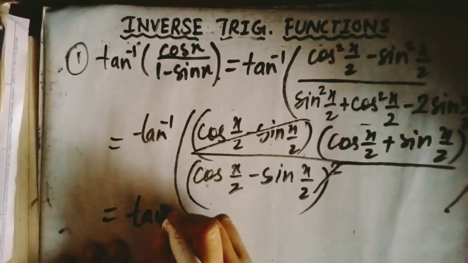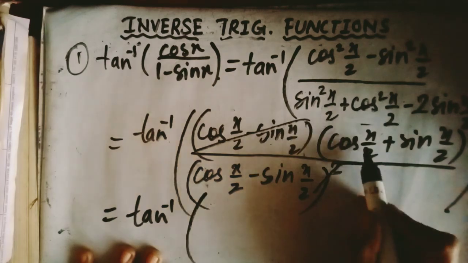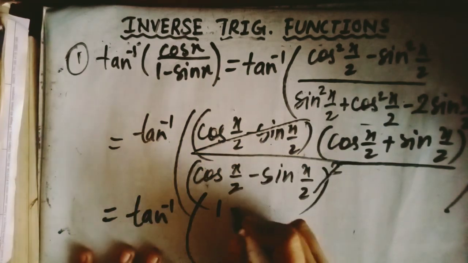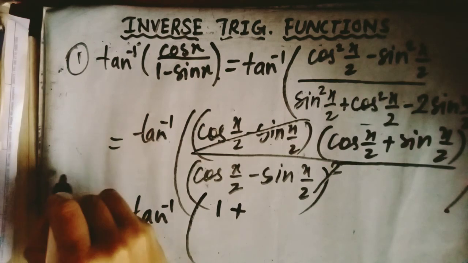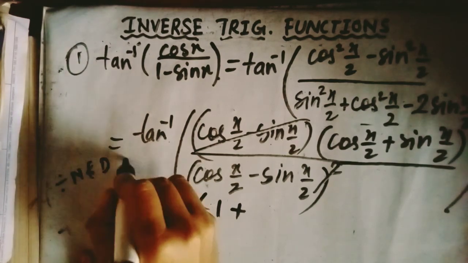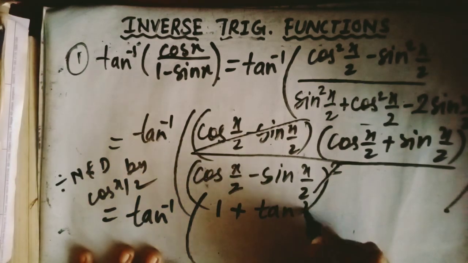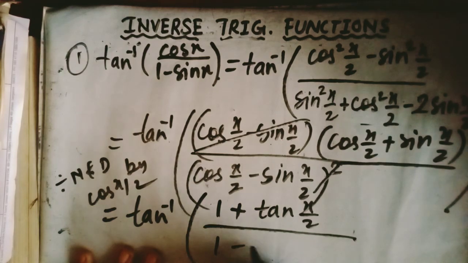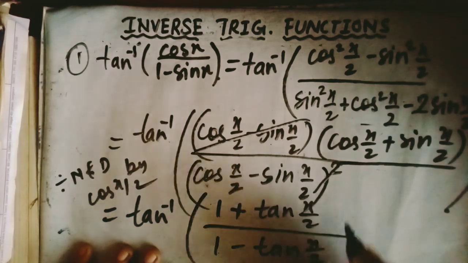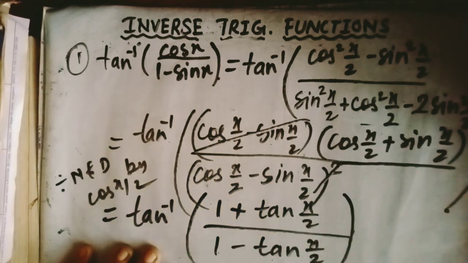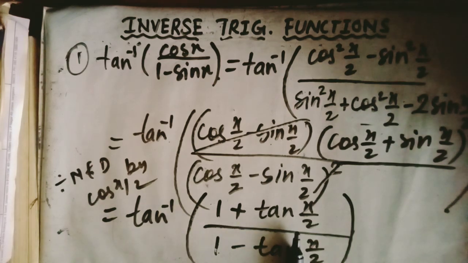So in the numerator you will get cos x/2 upon cos x/2, that is 1. Sin x/2, here I will write dividing numerator and denominator by cos x/2. Okay, so here you will get (1 plus tan x/2) upon (1 minus tan x/2). Now this thing is nothing but tan(pi/4 plus x/2).